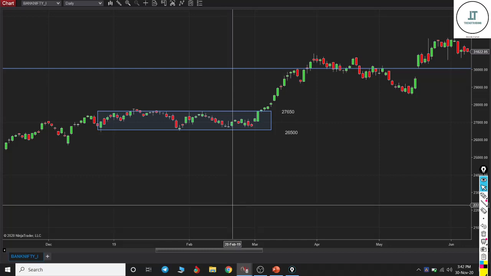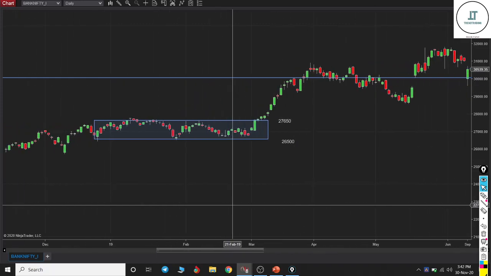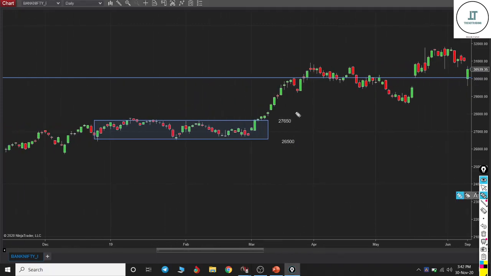Now you can ask me a question, sir, what is the importance of knowing these phases? Very simple. When you are in a markup phase, don't plan to take any short trades.